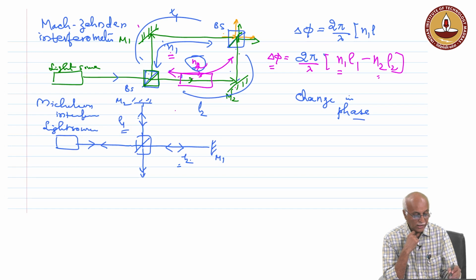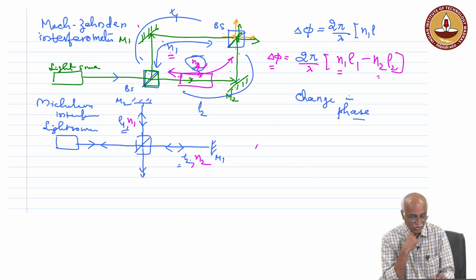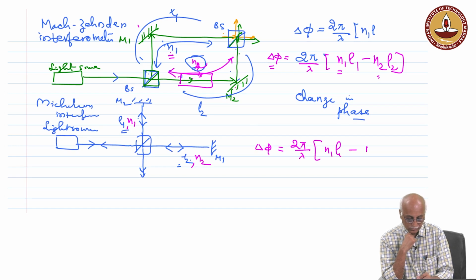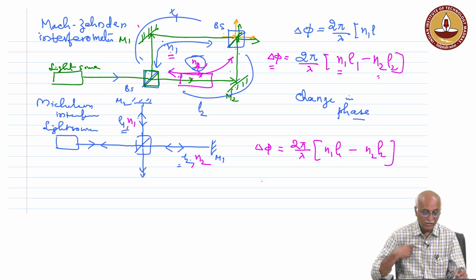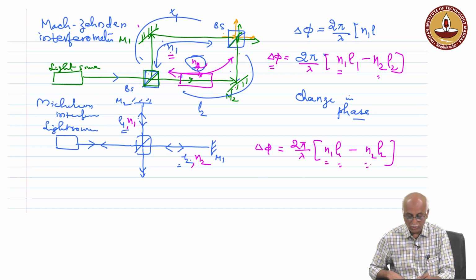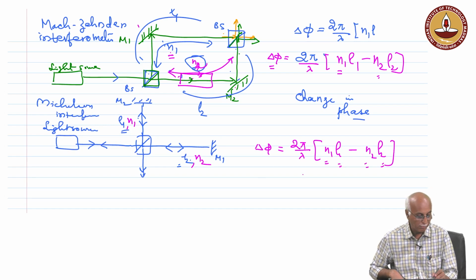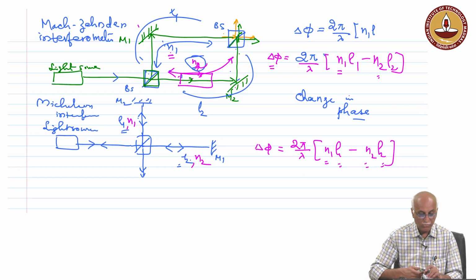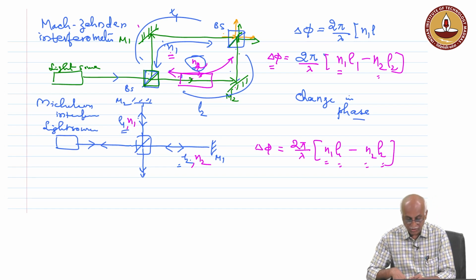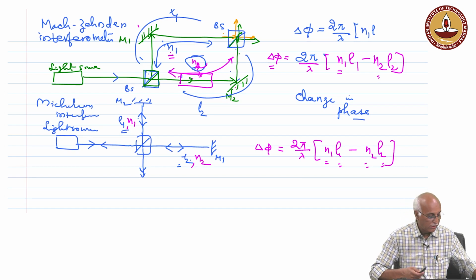You can also introduce a similar thing over here, L1 with refractive index N1 and L2 with refractive index N2. So, the phase change over here will also be similar, depending upon the difference in N1 L1 and N2 L2. All these parameters let us capture the information related to interferometry.